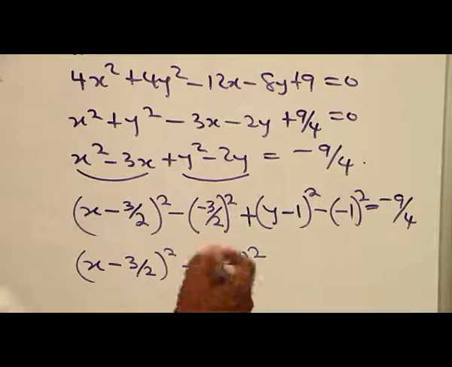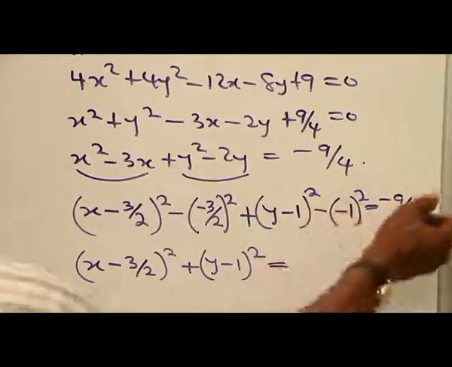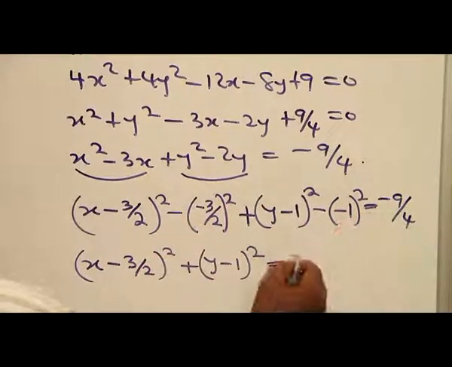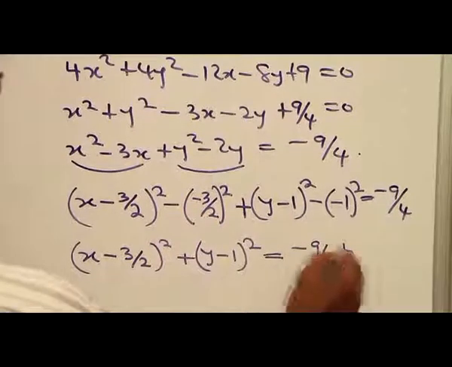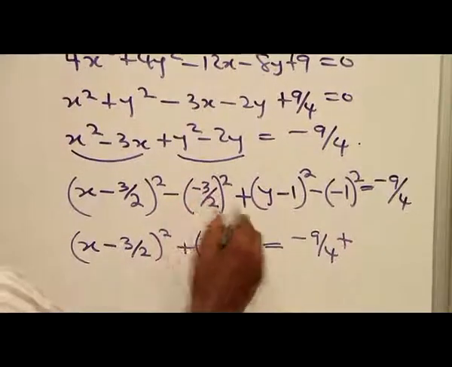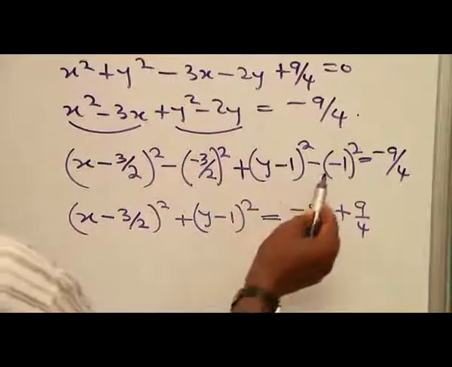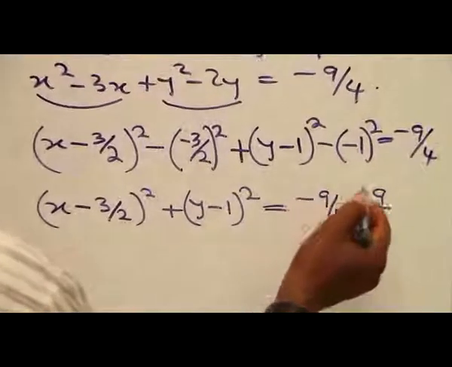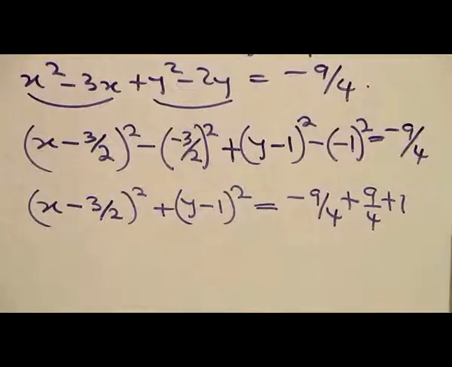So now we collect the constants to the right hand side. Remember that this becomes plus; we have minus 9 over 4, and this becomes plus minus 3 over 2 squared, which will give you 9 all over 4, and then we also have minus 1 squared, which becomes plus 1, because minus 1 squared is 1.